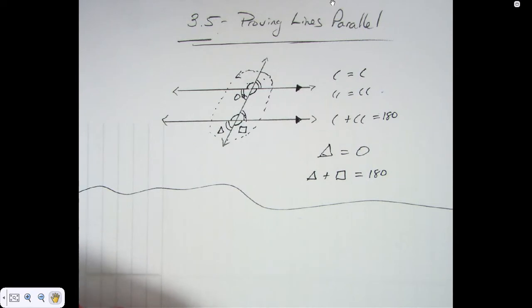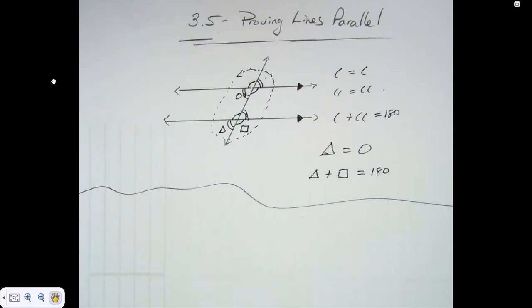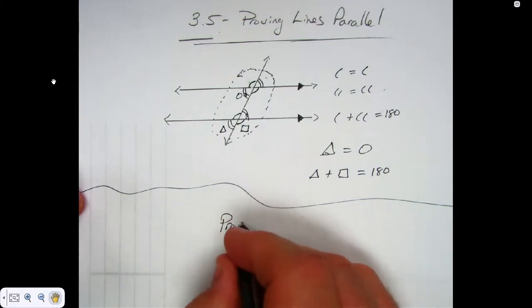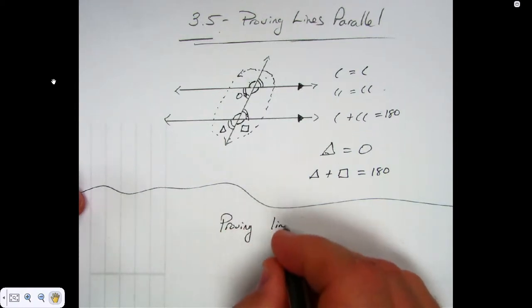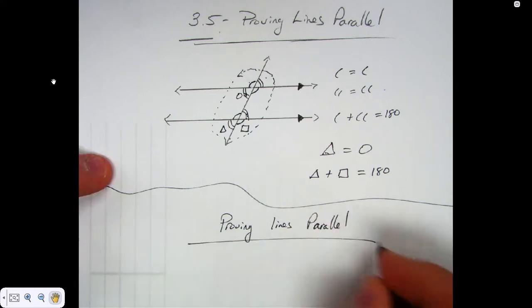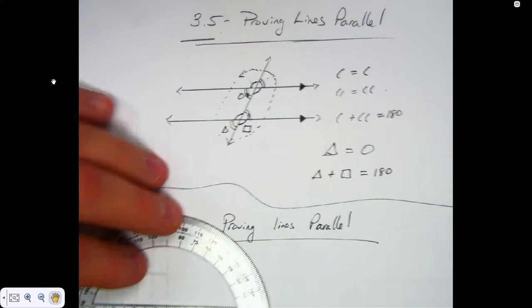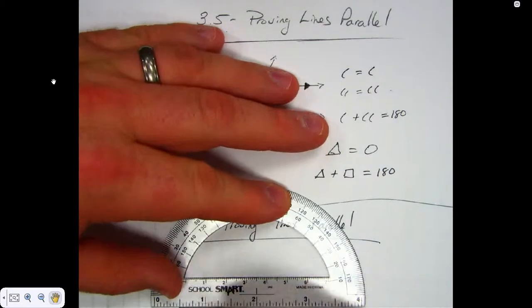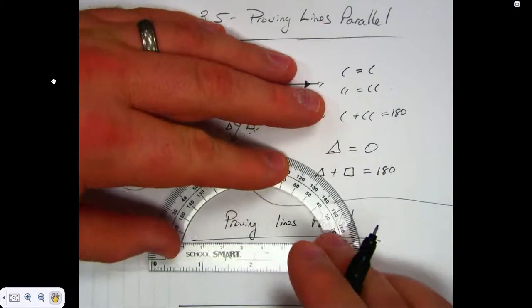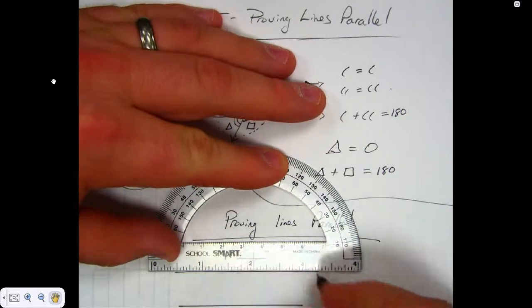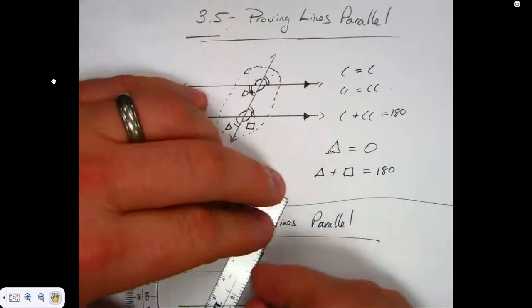Okay? Now, what we're going to talk about today is proving lines parallel. So I've got two lines drawn here. They are not labeled that they are parallel. I've got a transversal drawn.